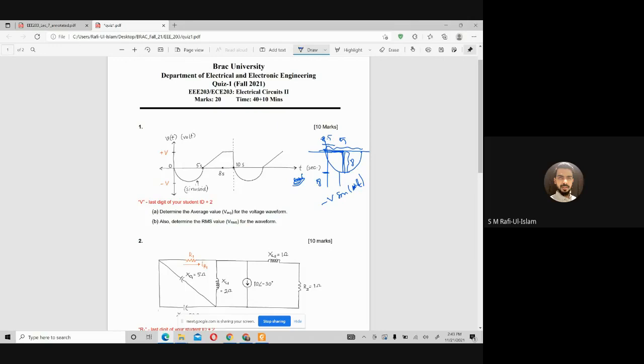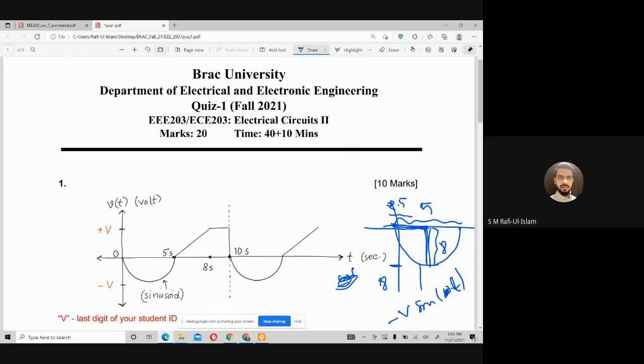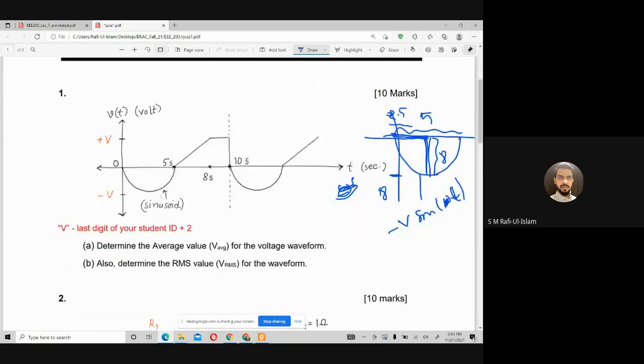Do you understand this? Okay. So this is something called a piecewise linear model. We need to define from here to here, because this is one cycle, then it is repeated. My target is to get the equation here.